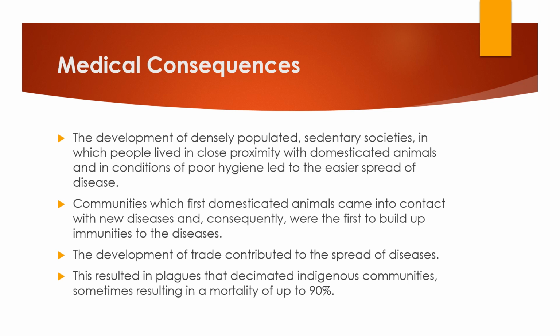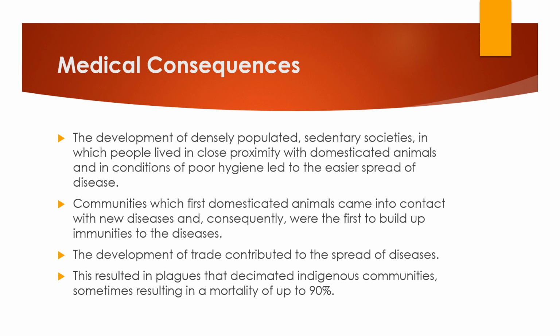Now we look at the medical consequences. The development of densely populated sedentary societies, in which people lived in close proximity with domesticated animals and in conditions of poor hygiene, led to the easier spread of disease.